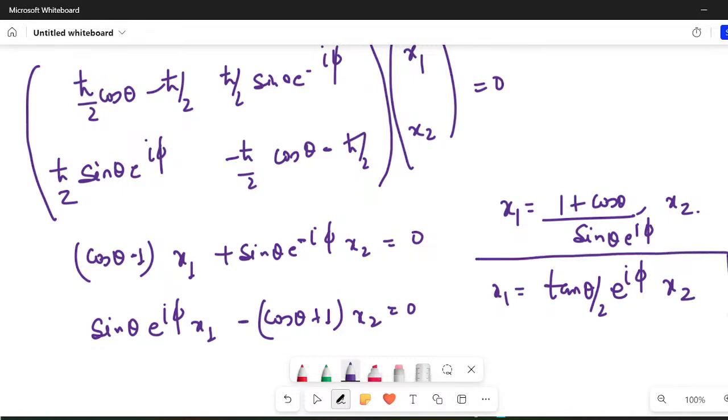This is something we are going to see in our quantum mechanics also, but just to give you a little bit of a glimpse of it. So your x1 would be tan theta by 2 e^(iφ) x2. Okay, is that clear?